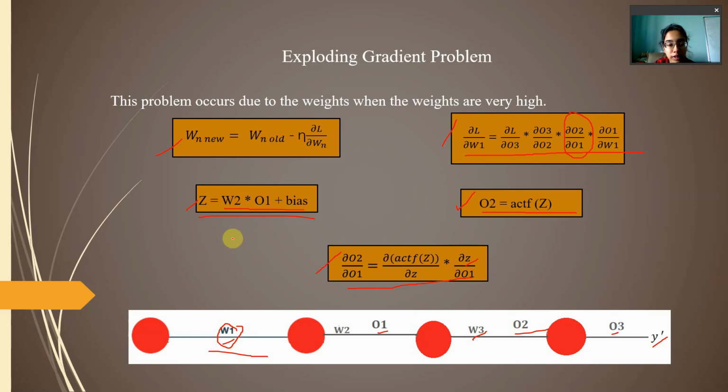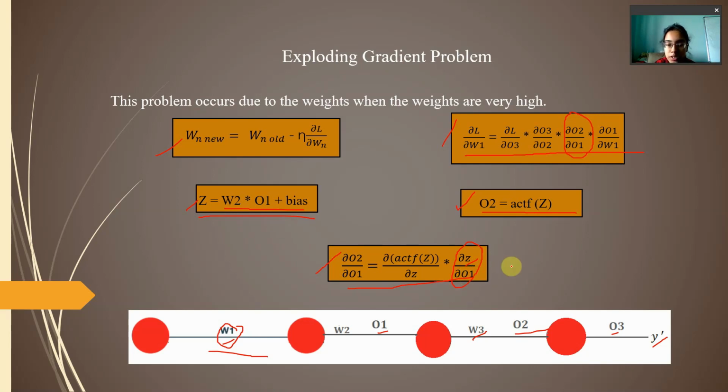After performing the differentiation, we find that del Z by del O1 will be equal to W2. Why? Because the derivative of W2 into O1 with respect to O1 is W2, and the bias is a constant, whose derivative is 0. So it will be W2.